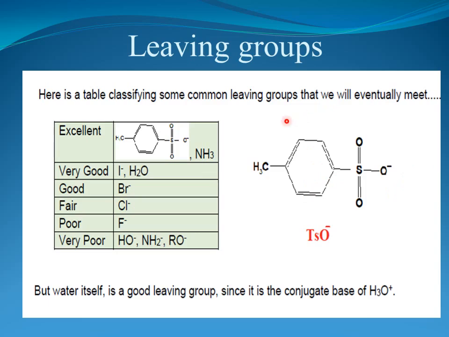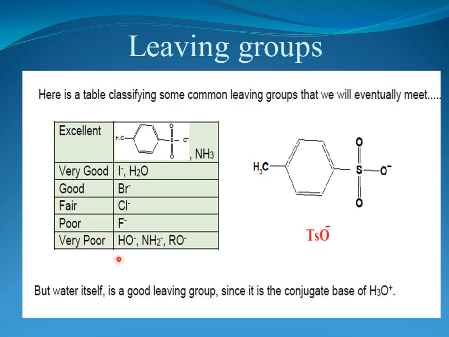Always remember students that whatever leaving group is stable is going to be an excellent leaving group. But if the leaving group is highly unstable after its departure, for example OH negative, it is highly reactive and is not stable on its own. Therefore, it is a poor leaving group because once it departs, it is not going to stabilize itself.